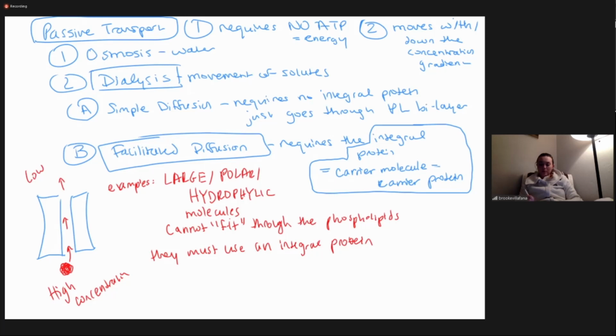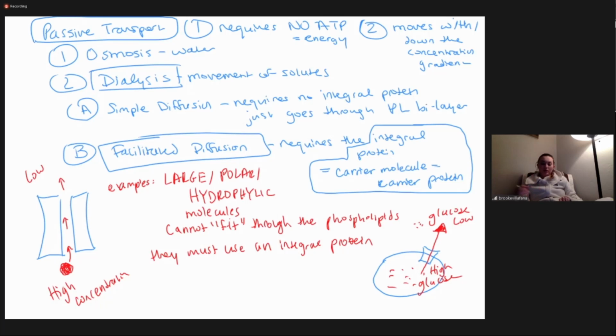So for example, if this is my cell, and I have a lot of glucose here and only a little bit of glucose here, it's still following the same exact concept as before, going from high amount to low amount, but the only difference is it's going to use that integral protein. Does that make sense?